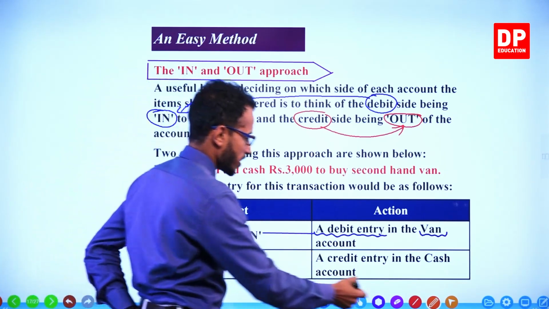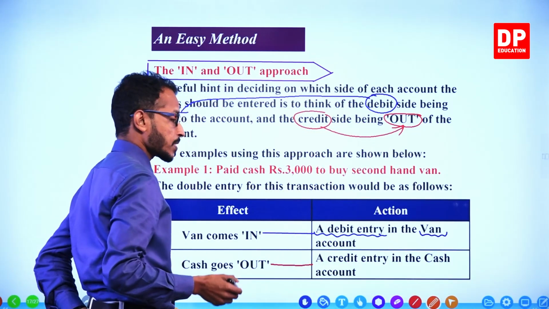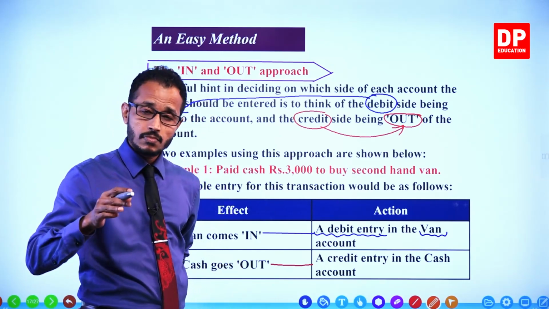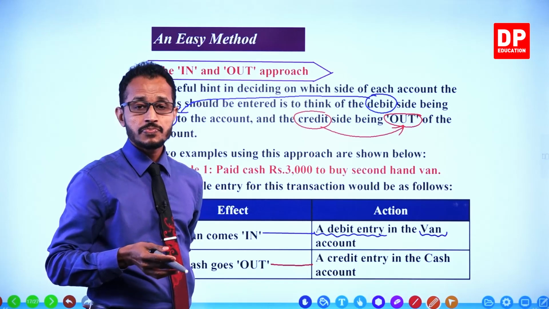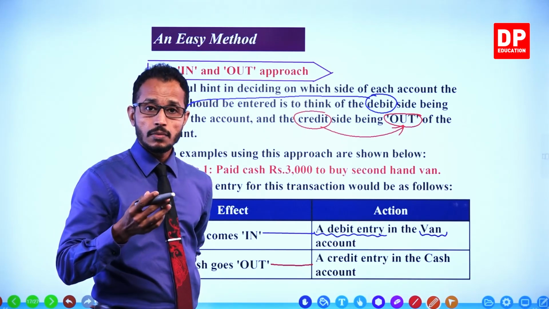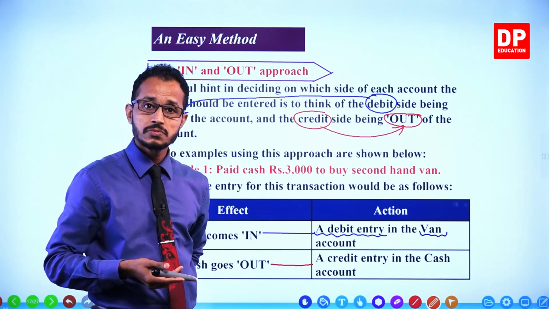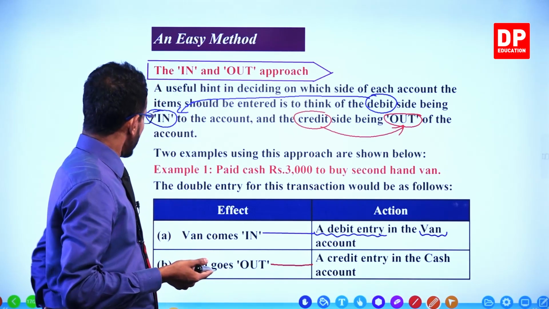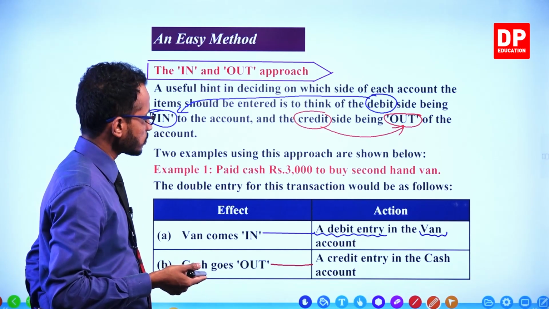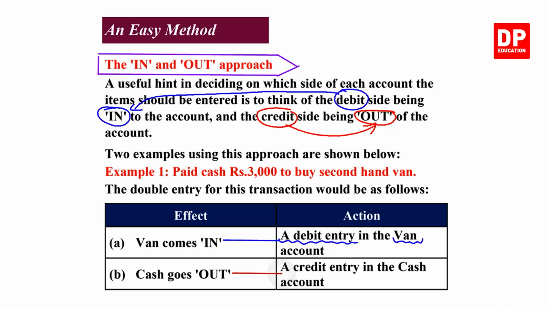Alright, children, this is an internationally accepted, easy method from a book. If you want, you can use this. Cash goes out, so it's a credit entry in the cash account.